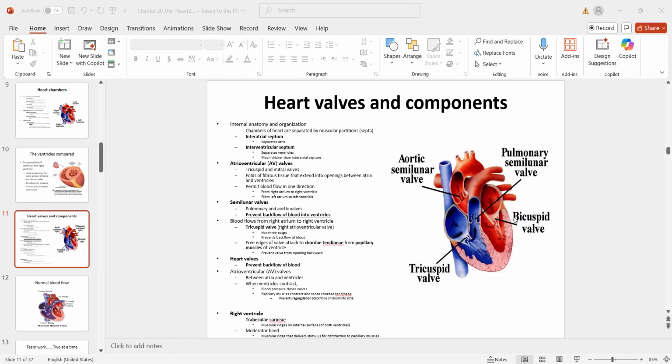The free edge of each cusp is attached to connective tissue fibers called chordae tendineae, and the chordae tendineae fibers originate at the papillary muscles, conical muscular projections that arise from the inner surface of the right ventricle.